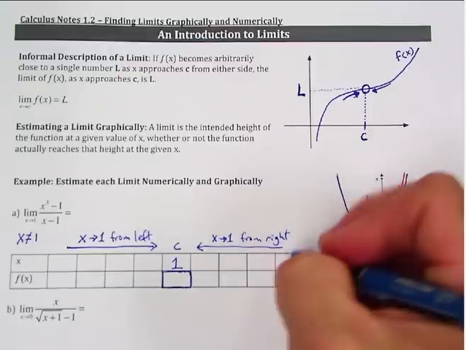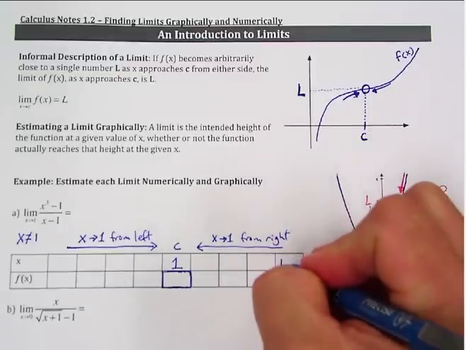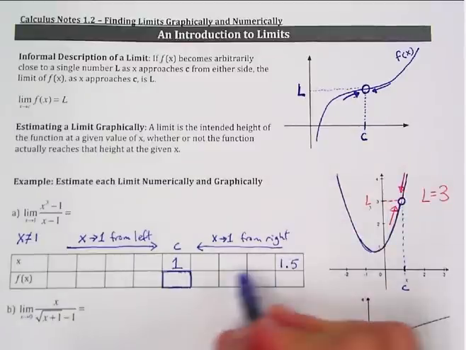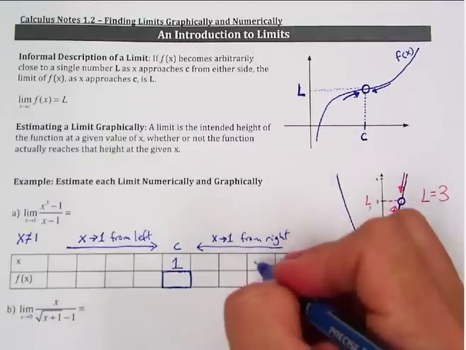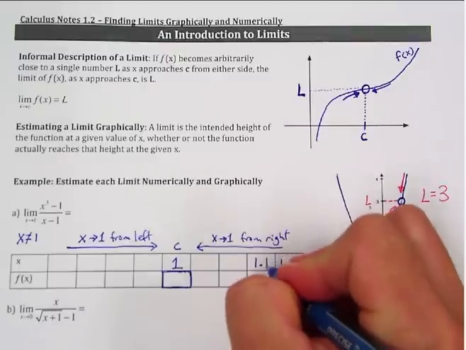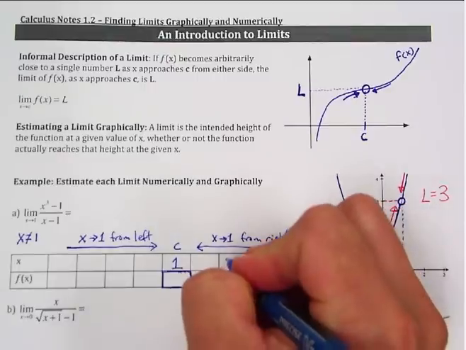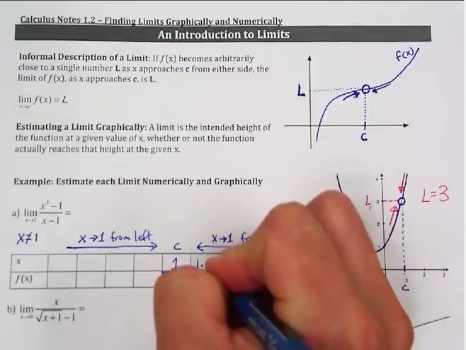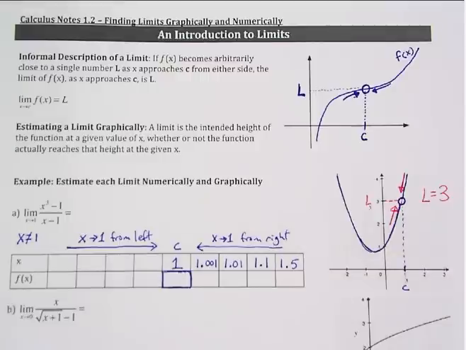So we can start out here with something like 1.5, and then we're going to march closer to 1. And we'll try 1.1, we'll do 1.01, and 1.001. So we're within a thousandth away from our intended c value.